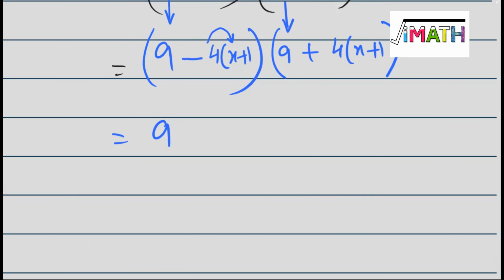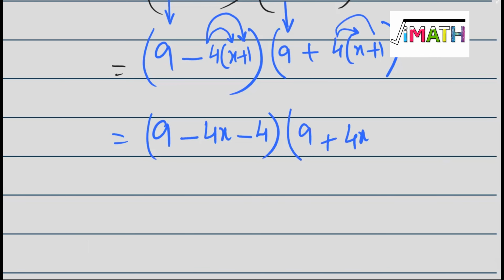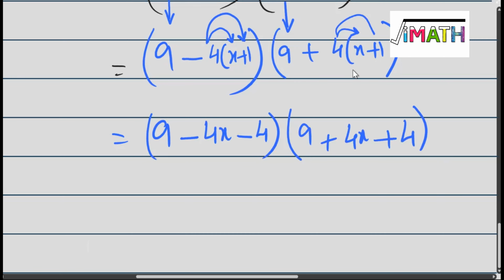If you multiply minus 4 with x, what would you get? Negative 4x. And do the same for 1, so it's minus 4. And 9 plus 4 with x is 4x, and 4 with 1 is 4. Now let's collect.